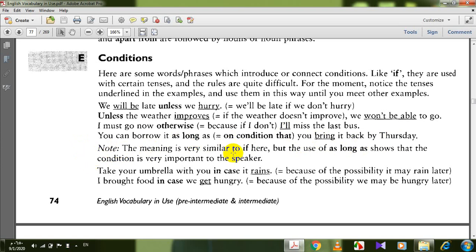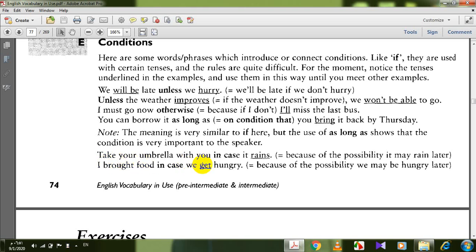Note, the meaning is very similar to if here. As long as means if, but as long as shows that the condition is very important to the speaker, good.